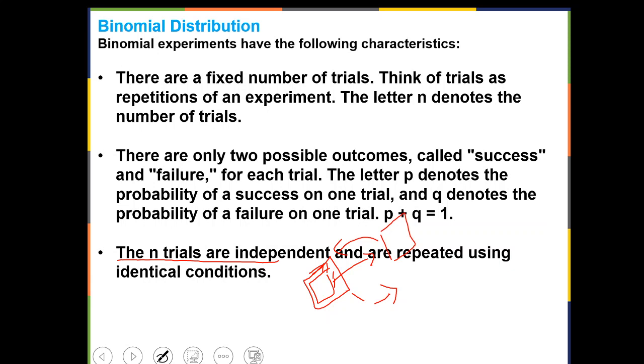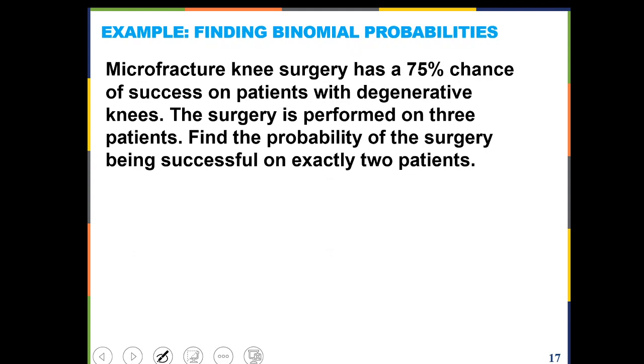So when you take cards from a 52 card deck and you don't replace them, that situation is not binomial. Why? Because if you do it like 5 times, every time you do it, it changes the probability of the next card because you're not replacing it into the stack of cards. All right, so if these conditions are satisfied, then we have a binomial distribution.